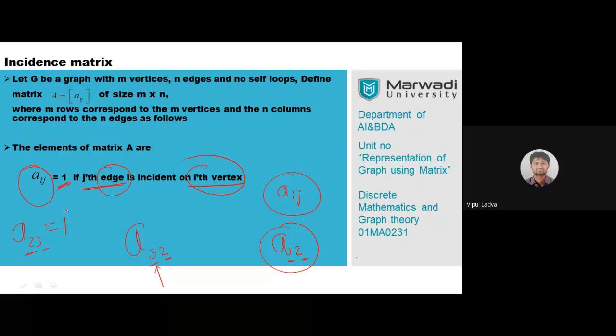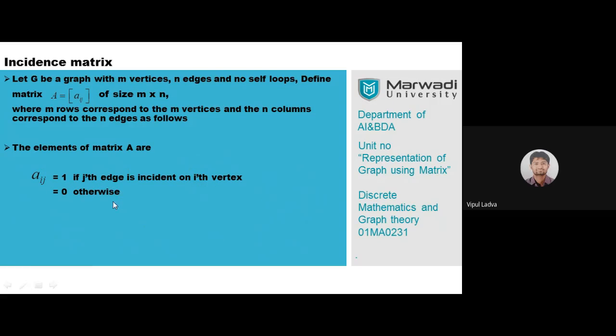Second row में कौन सी एंट्री है? Vertices वाली, is it? तो second vertex or third edge अगर incident है, then we will allot 1 over that respective place. Okay, so we will be using this logic to generate incidence matrix. Earlier we were constructing adjacency matrix, now we are dealing with the incidence matrix. So अगर वहां पे connection नहीं है, then we will allot 0. Otherwise, in all the other cases, we will allot 0.